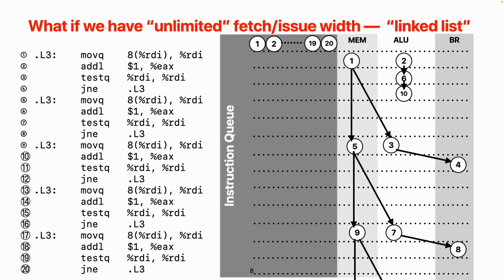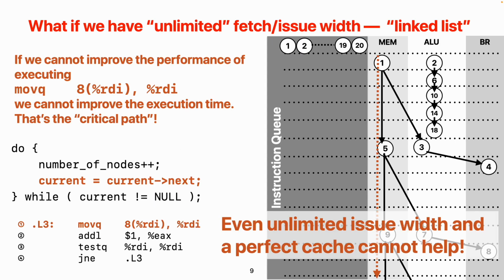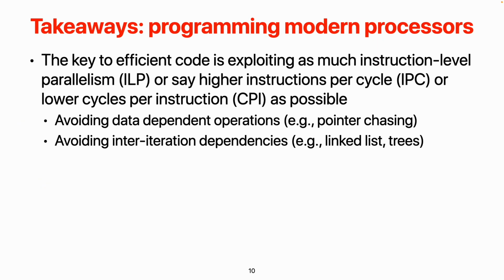Even though I give you a good enough amount of functional units, if you are running code like a linked list, it's impossible for this code to perform well, no matter how good a processor you have, simply because the code itself has too many data dependencies. So if your code is unable to exploit multiple functional units efficiently, even with the best processor, it's going to be underperforming.